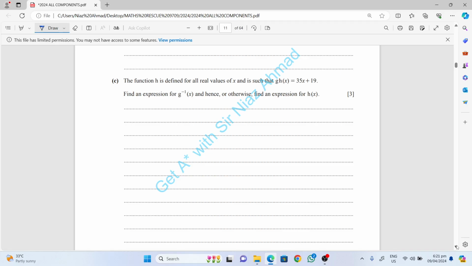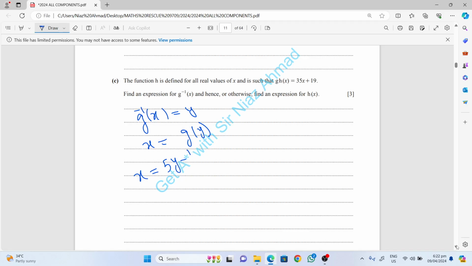The part C, you are supposed to get the value for the g inverse and hence or otherwise find an expression for h of x. So if you want to get your g inverse of x, if I let this be equal to y, then my x equals g of y. If this is g of y, then you can make this x, and that is 5y minus 1.